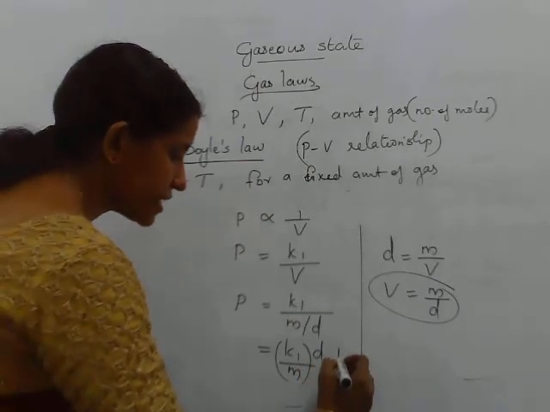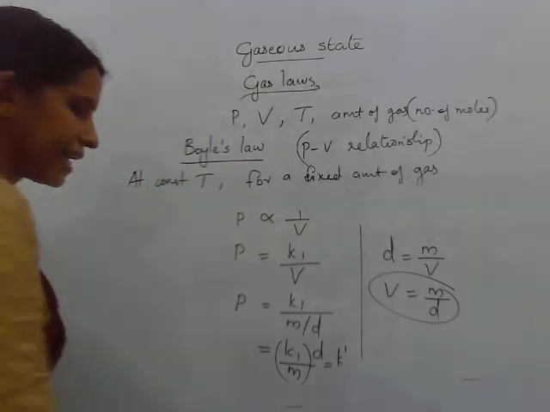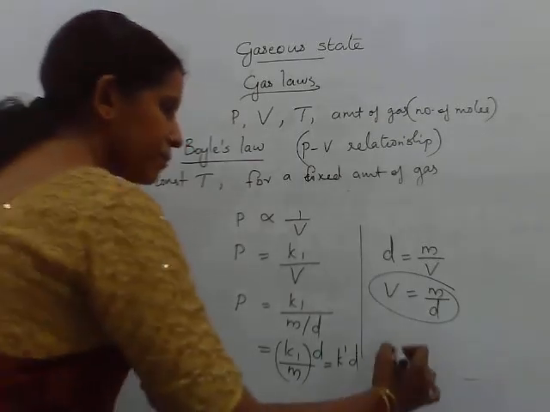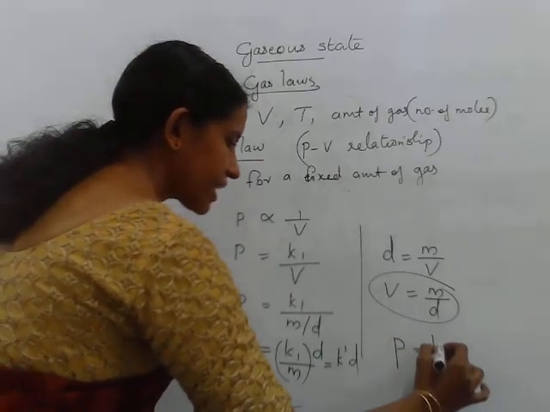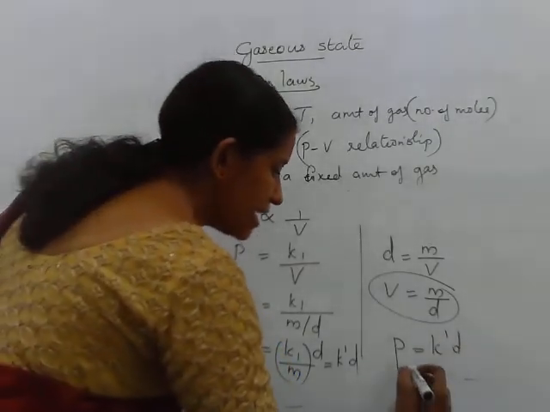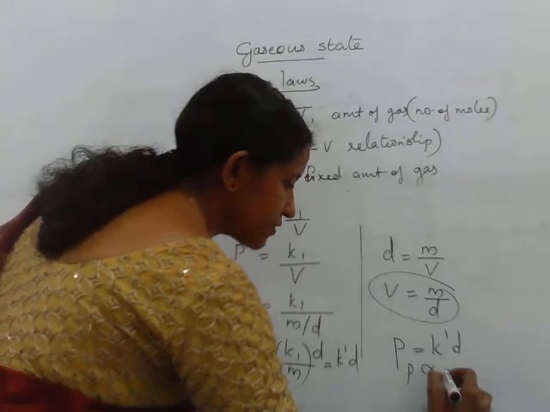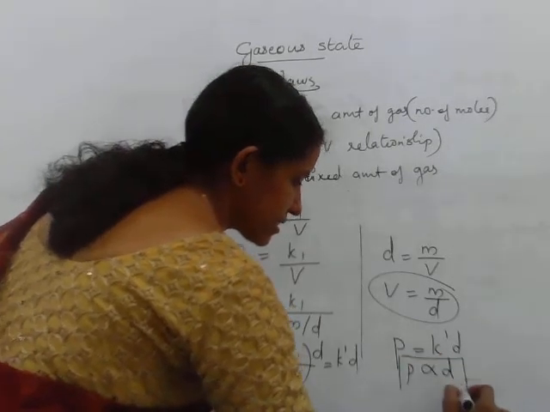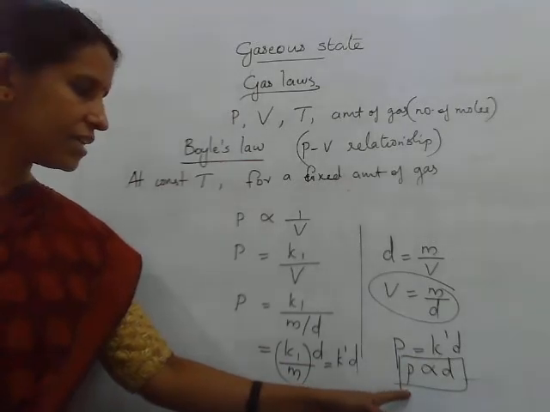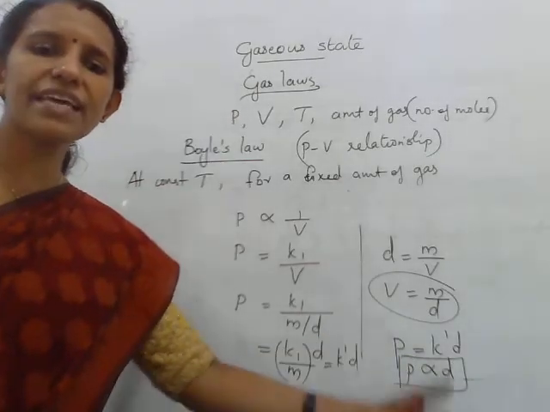Let the new constant be K dash. K dash into density. That means pressure is equal to K dash into density. So how are pressure and density related? Pressure varies directly with the density of the gas. That means when pressure increases, gases become denser.